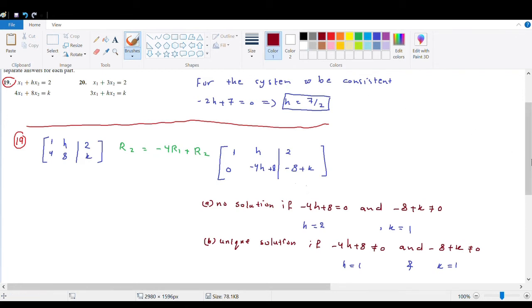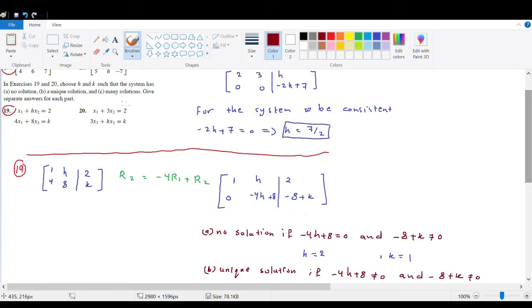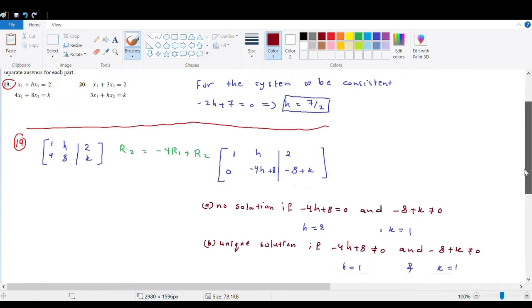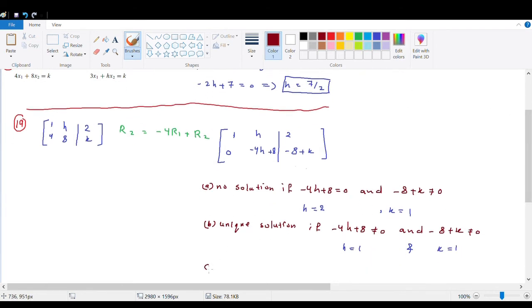Last one, or last form we have here, many solutions. That means we have a free variable. So, that means we have three variables. So many solutions. That means if both of them are 0.